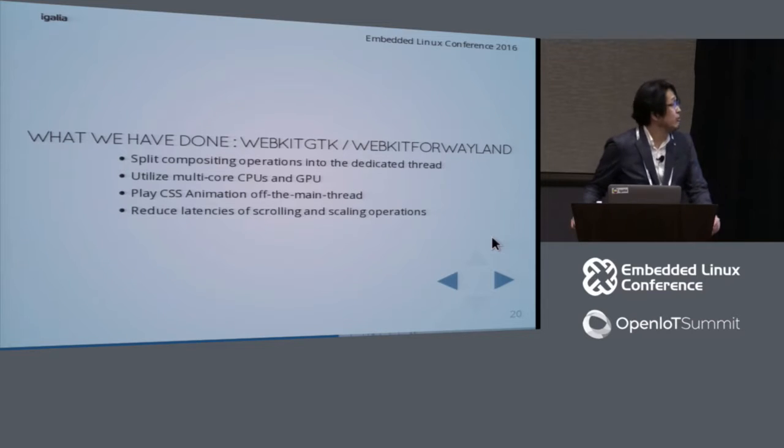So we could reduce latencies for scrolling and scaling. I didn't explain this because it is out of focus, but we can pass user events directly to the compositing thread instead of the main thread. If we scroll or scale a web page, we pass those events to the compositing thread first, and the compositing thread will scale or scroll the whole web page because it already has all the layer trees.